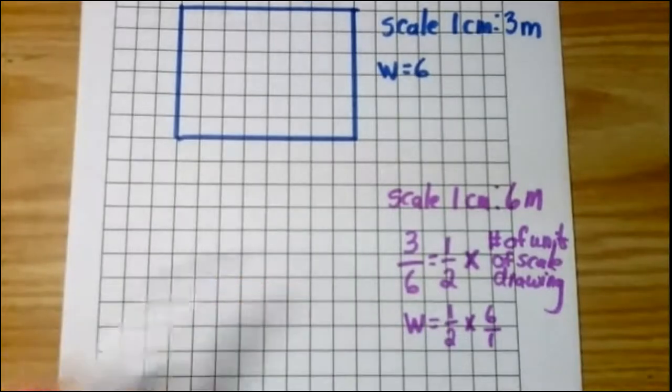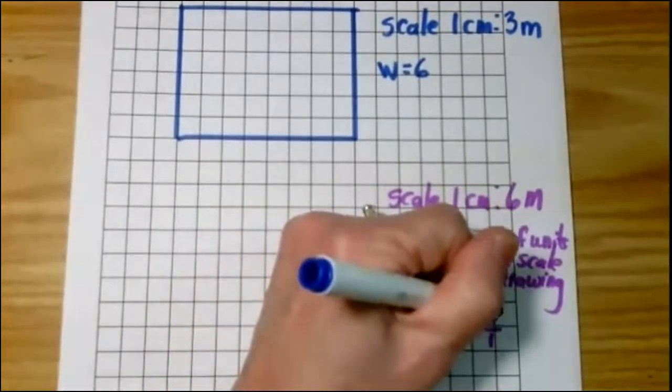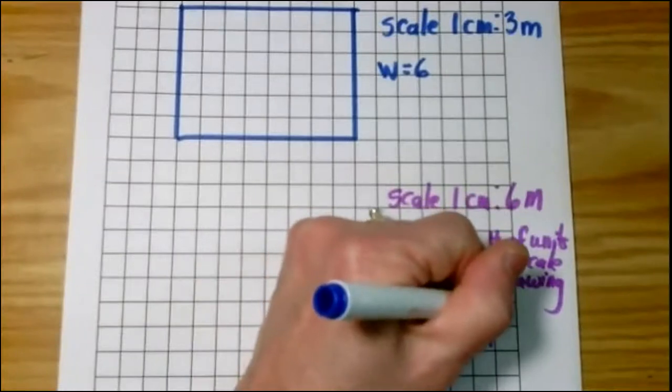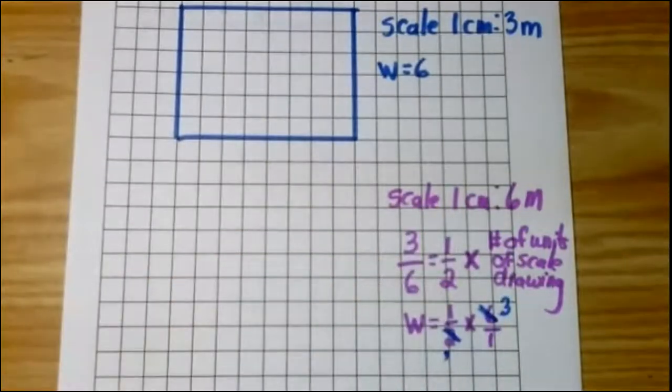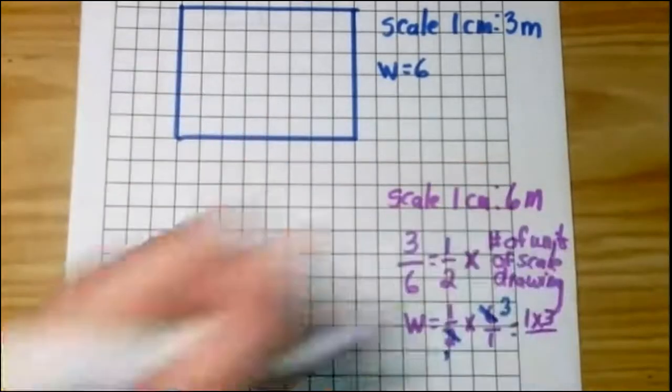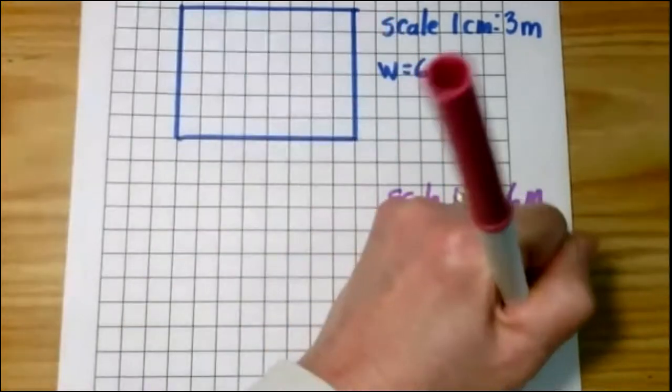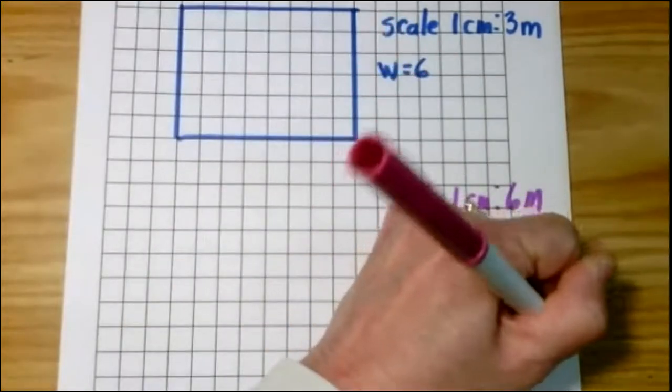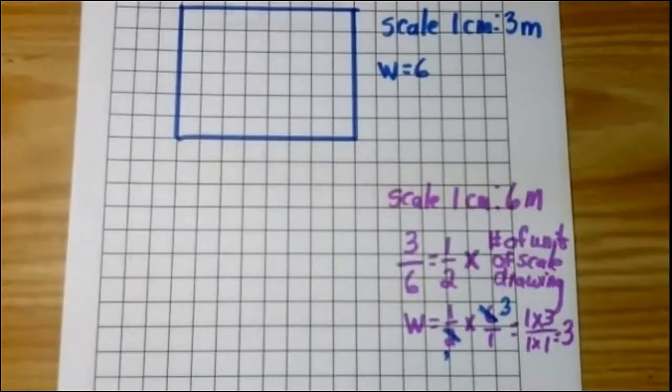So now we can cross off what we know. The 2 will go into the 6 3 times, and that'll become 1. So that width would turn into 1 times 3 on the top and 1 times 1 on the bottom, or 3 units. So our new scale will be a width of 3 units.